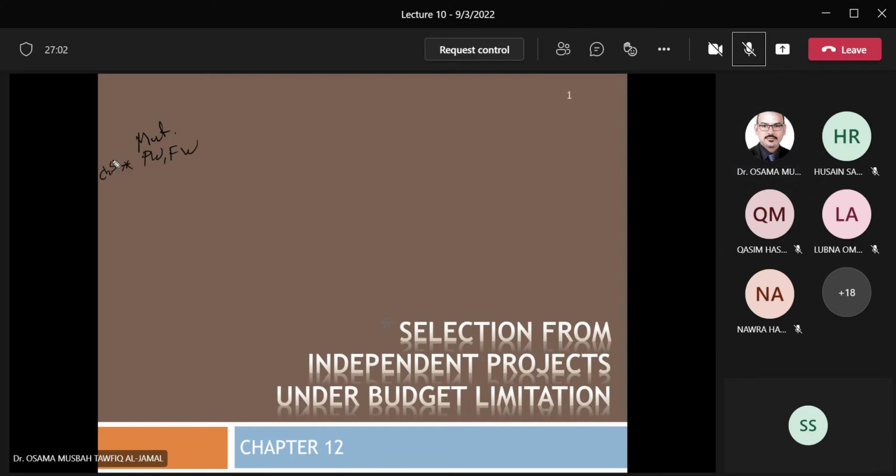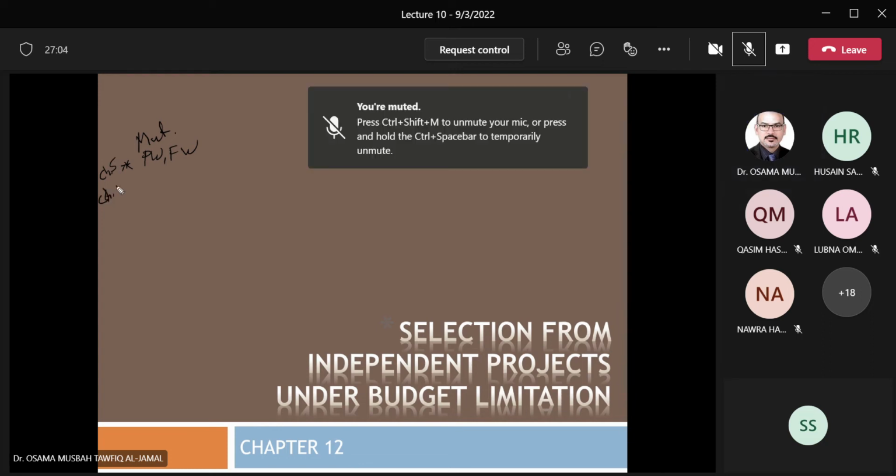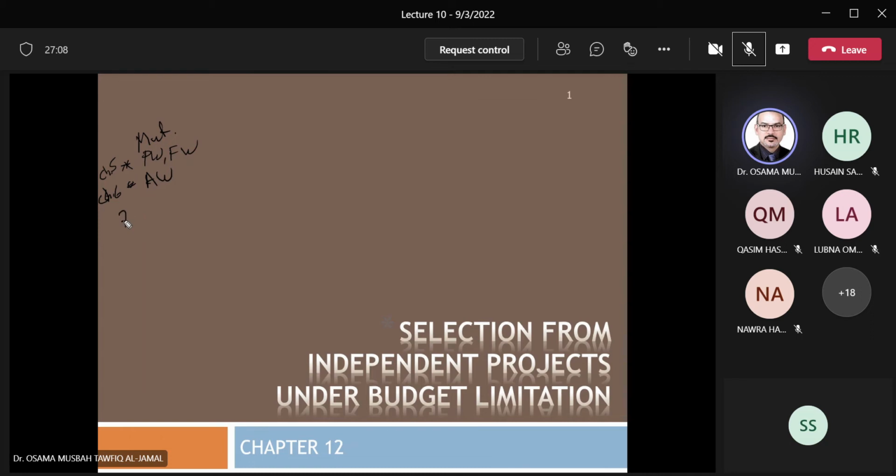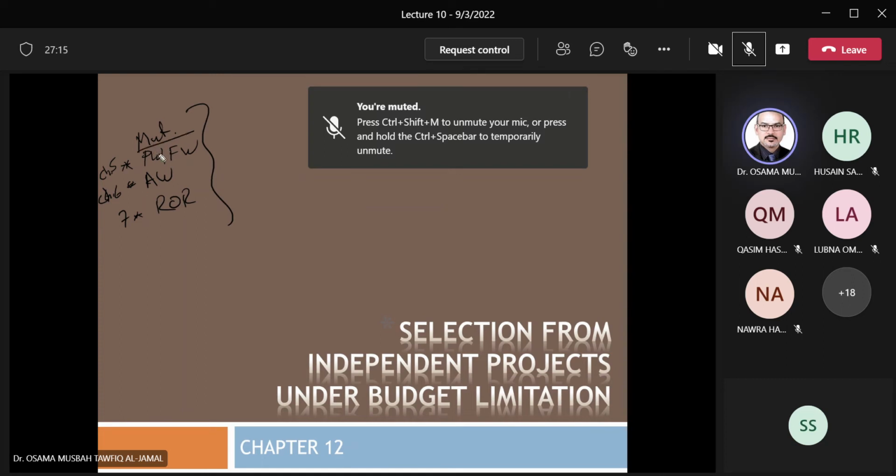The first one is in chapter 5. In chapter 6, the annual worth. In chapter 7, the rate of return. That's for mutually exclusive projects: I select only one project.